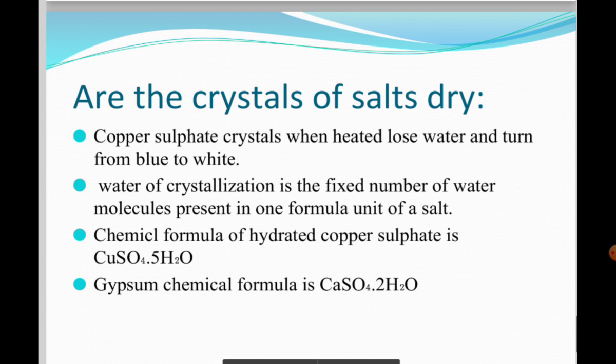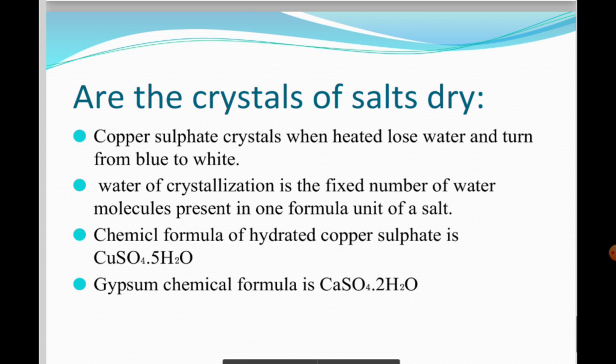Water of crystallization is the fixed number of water molecules present in one formula unit of a salt. The chemical formula of hydrated copper sulfate is CuSO4.5H2O.